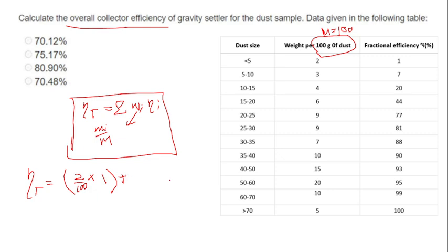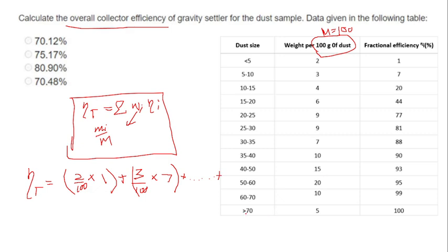Plus the next term is 3. For 5 to 10 micron particles, the individual mass is 3 gram. So 3 divided by 100 into its respective fractional efficiency, which is 7. Like this, you have to calculate for all the fractions and add them.